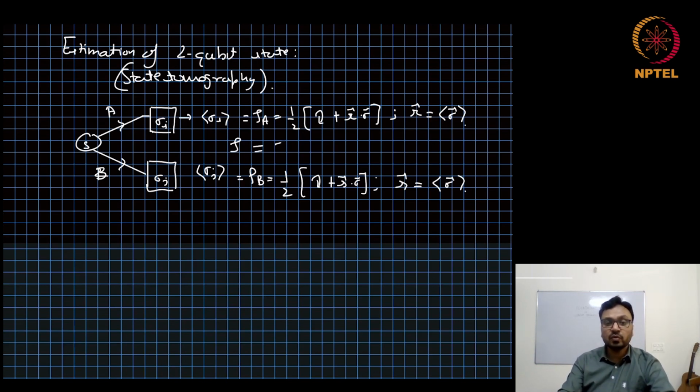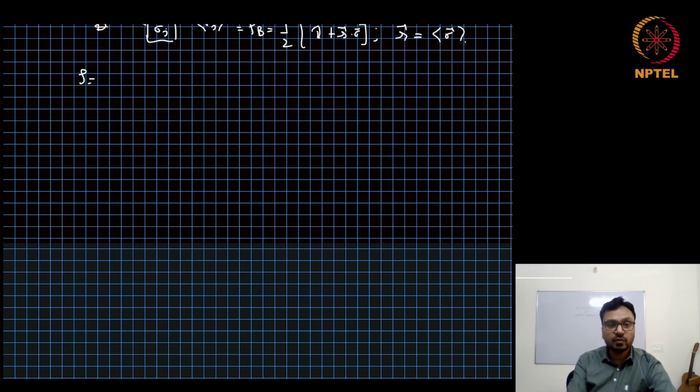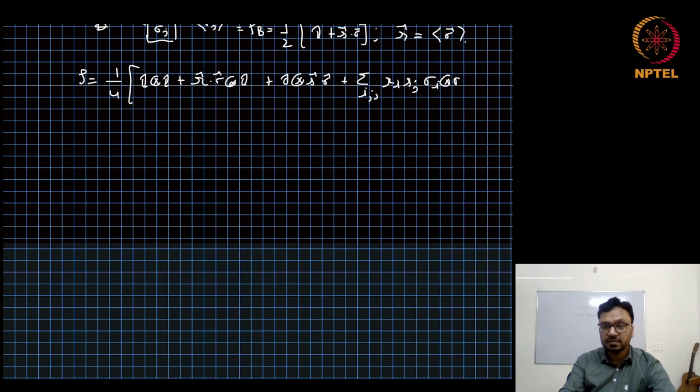And we can say rho is rho A tensor rho B. If we expand it, we get rho to be 1 over 4 of identity tensor identity plus R dot sigma tensor identity plus identity tensor S dot sigma plus the sum over i and j of R_i S_j sigma i tensor sigma j.